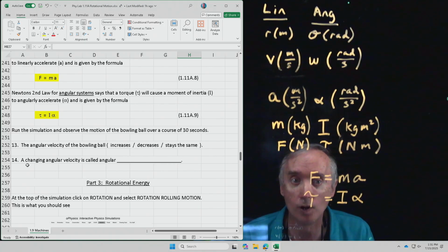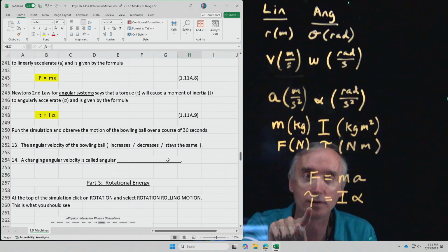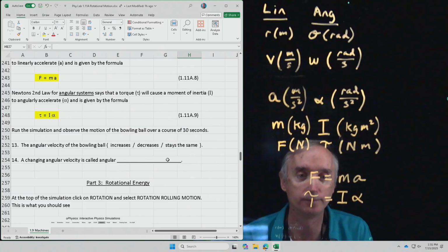And then, what do we call a changing angular velocity? That's called an angular what? Go ahead and put that right there. So we have just shown that a torque caused the bowling ball to angularly accelerate.